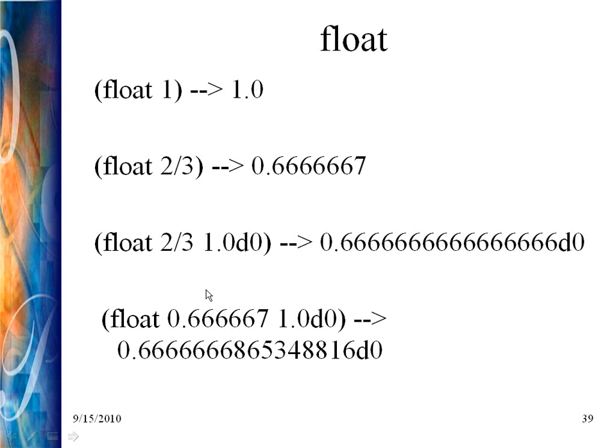When you take the single float result, 0.6666667, and make it a double float, that's what this is saying, you get nonsense bits added on. You don't get something that looks nice. When you convert a single float to a double float, it's not going to look like what you expect. That has nothing to do with Lisp. This would happen in any programming language.